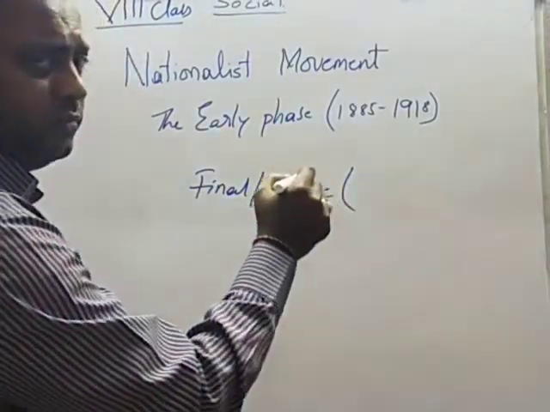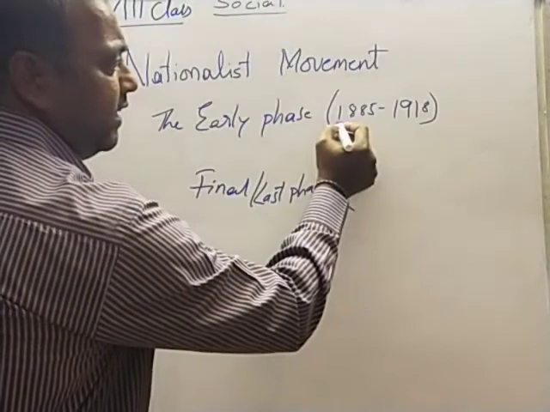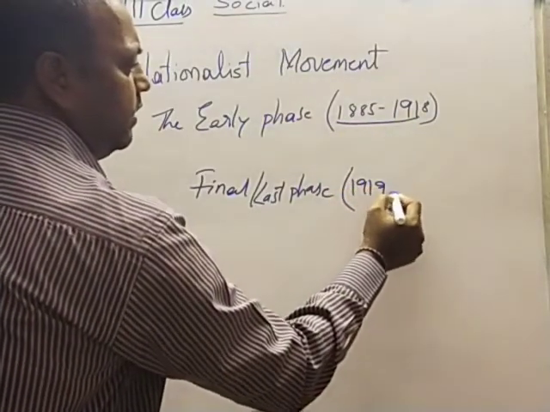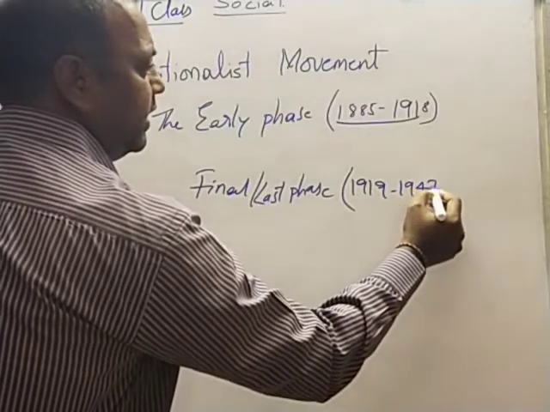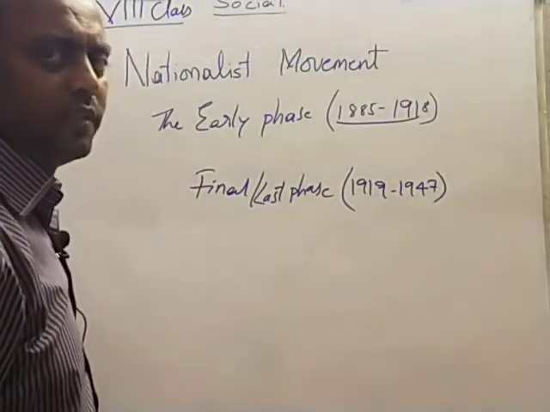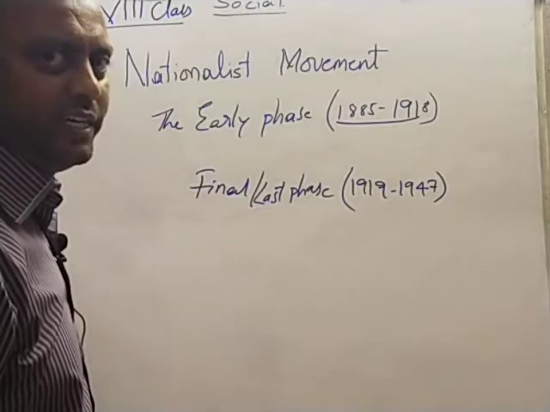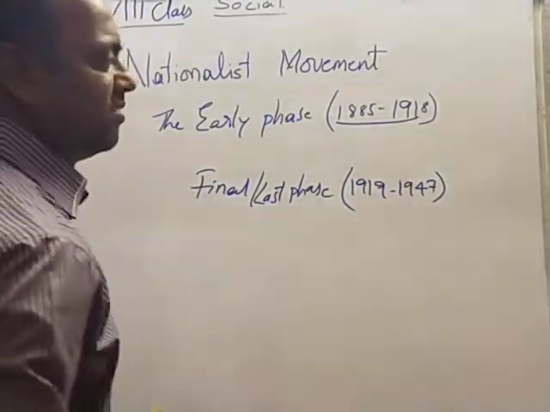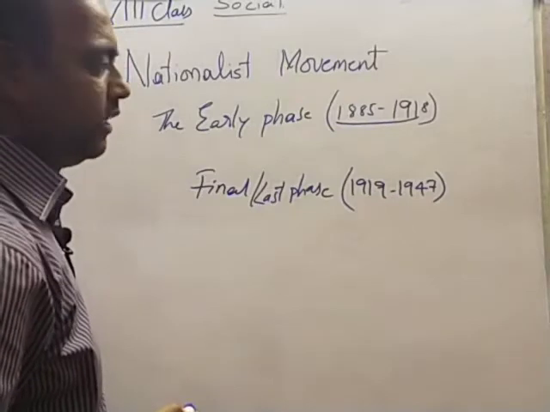Remember the years: the early phase is from 1885 to 1918, and the last phase is from 1919 till we achieved independence in 1947. When did we achieve independence? It's in 1947. So the last phase we discuss from 1919 to 1947.